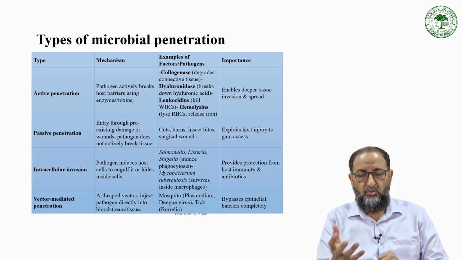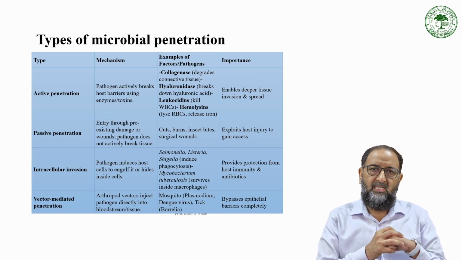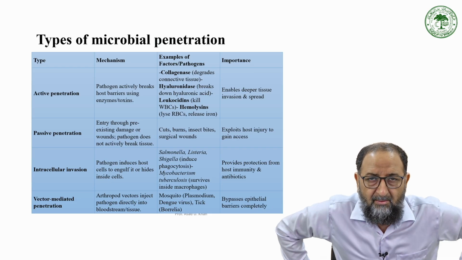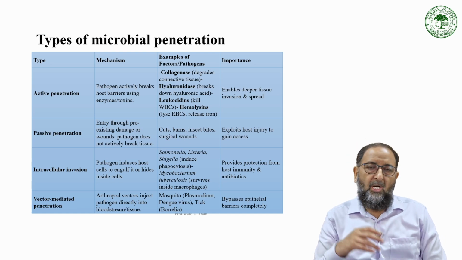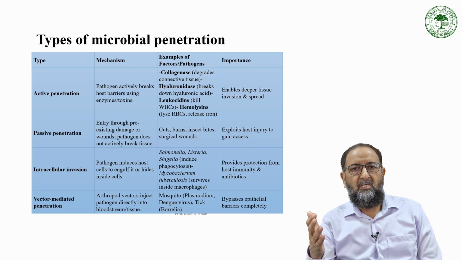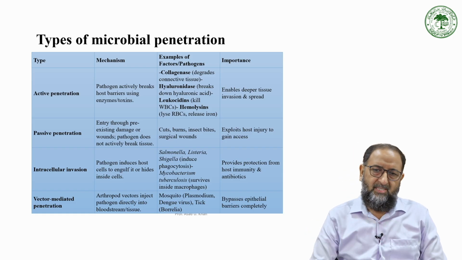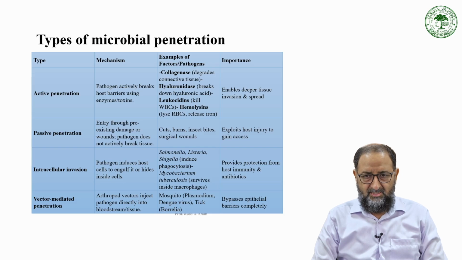So it works both ways. Intracellular invasion protects the pathogens from outside, so they may not be harmed. The outside defense system or immunity of the host will not harm this kind of bacteria if they are intracellular. The invasion takes place through phagocytosis.